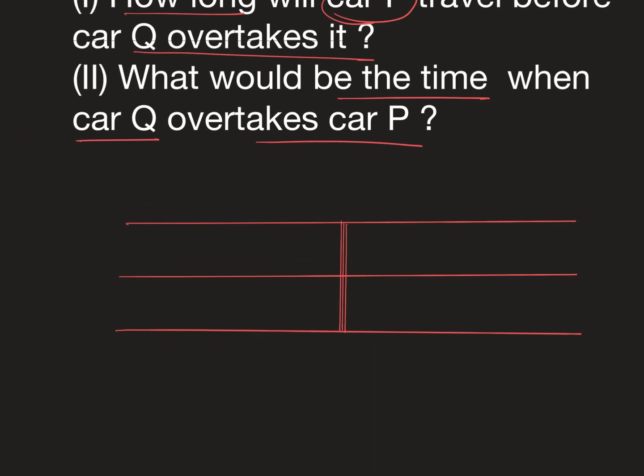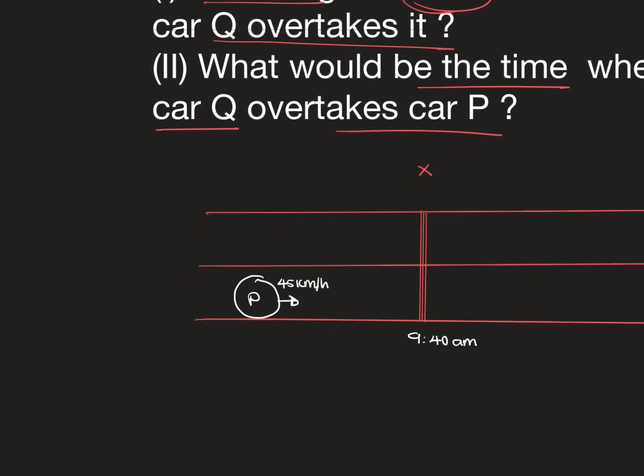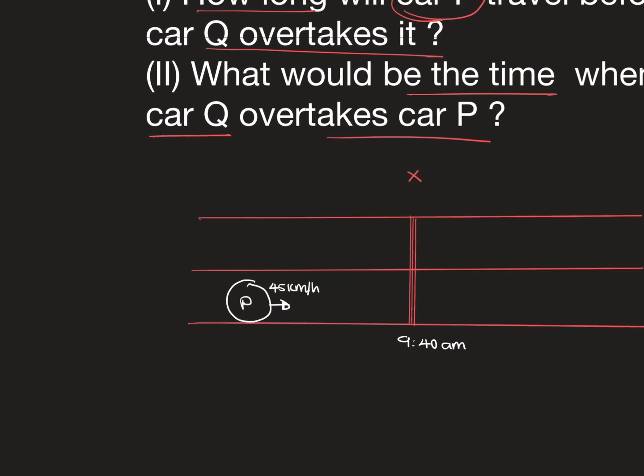I will call it point, let's say, X. Now we have car P that is moving at 45 kilometers per hour, and it passes through this point that we call point X at 9:40 a.m.